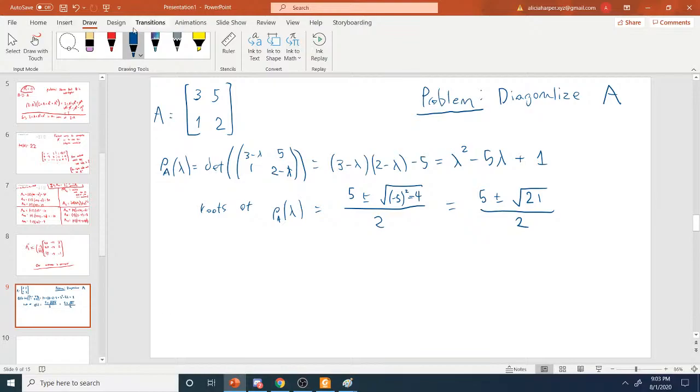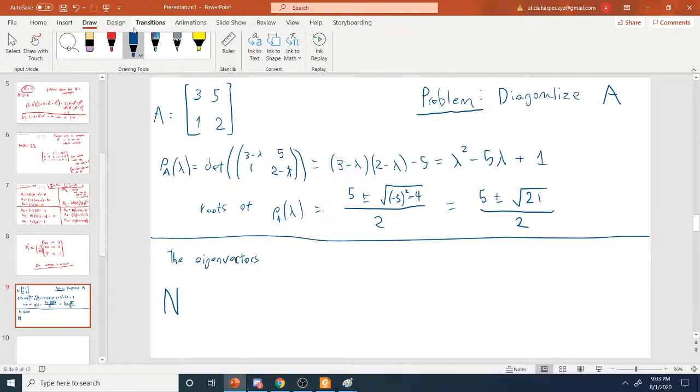So what we can do is then try to find the eigenvectors associated with lambda 1 equals 5 plus the square root of 21 divided by 2.